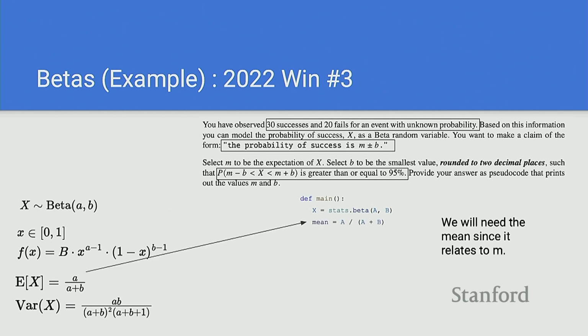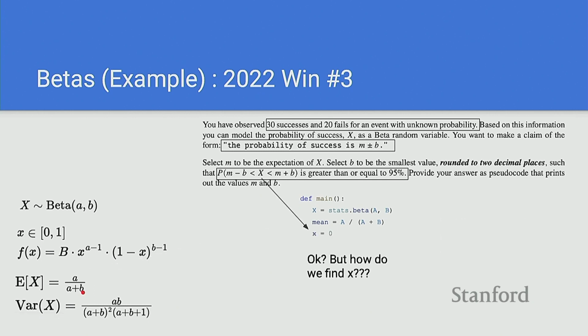Then they want something of the form m. We know that m is the expectation of x, so we use the second point here for finding the expectation of the beta.